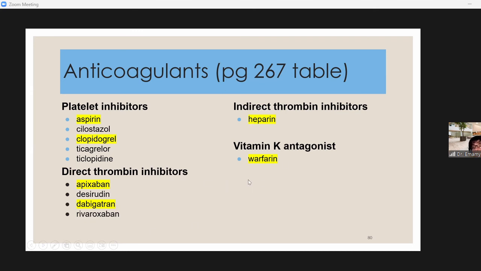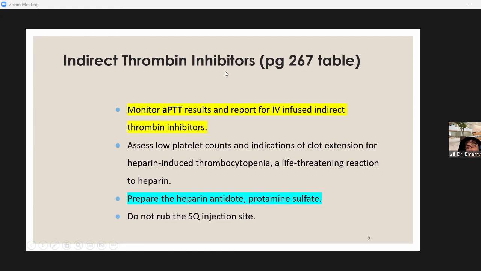Heparin, warfarin, they are high alert drugs because if you give too much of them, the patient bleeds. Heparin is a high alert drug, so you need to have the antidote ready. What is the antidote of heparin? Protamine sulfate, or protamine. Protamine sulfate is the antidote of heparin.